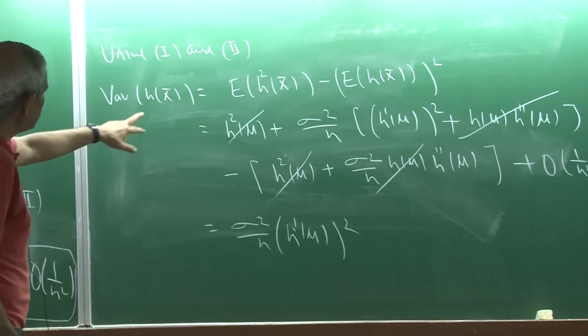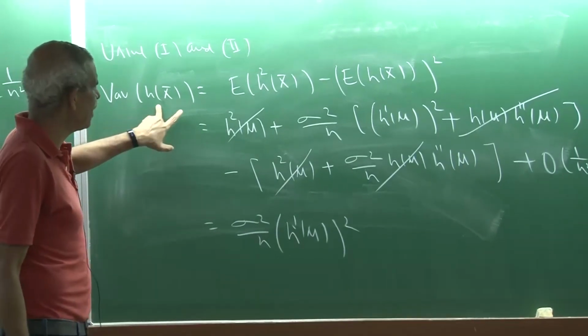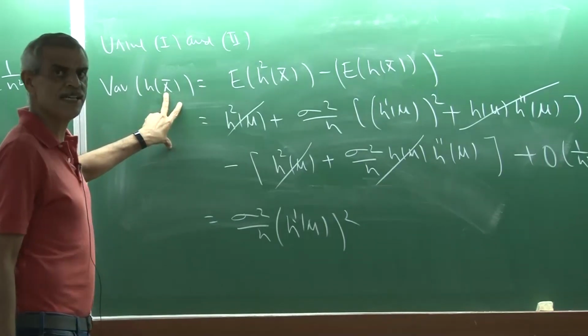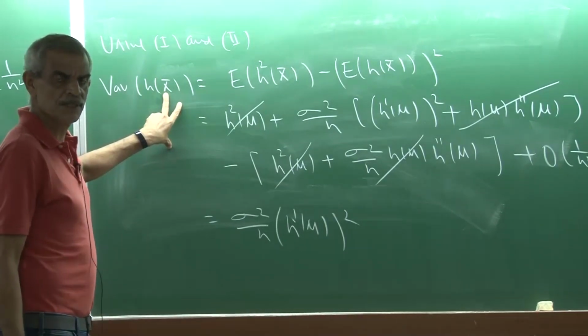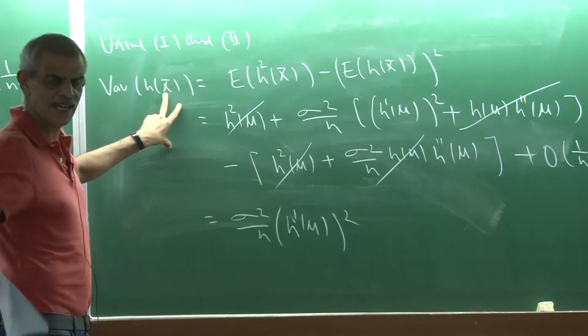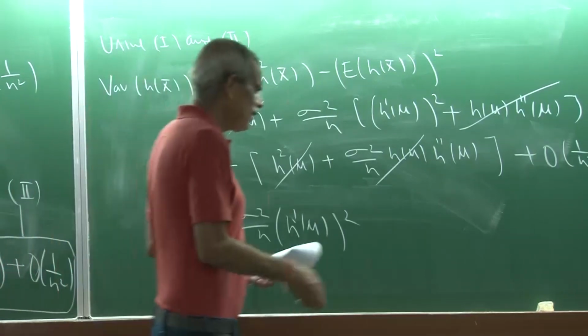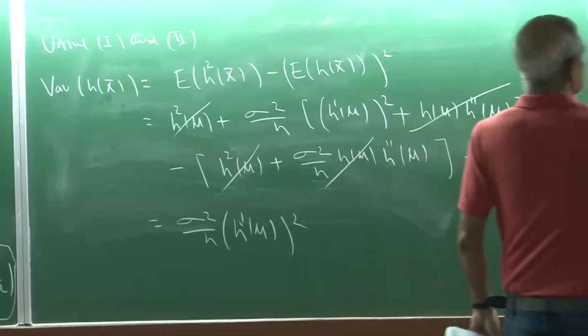Many times what may happen is I don't have h of x bar, but I might have h of Cn x bar, where Cn is again having a certain order. So let me do that case as well.